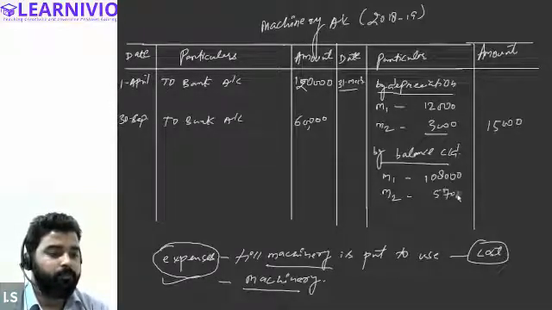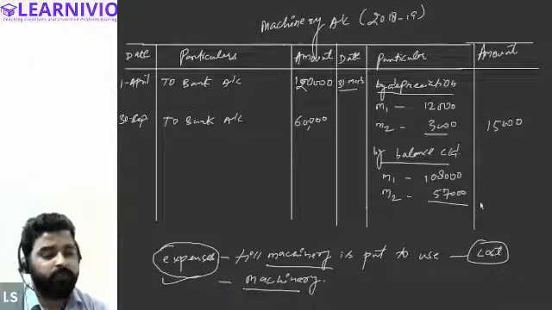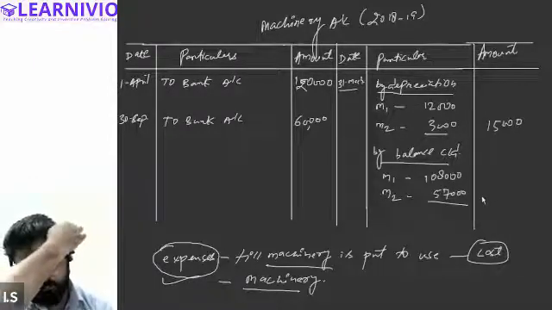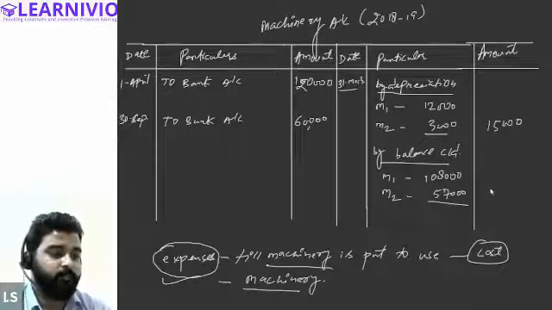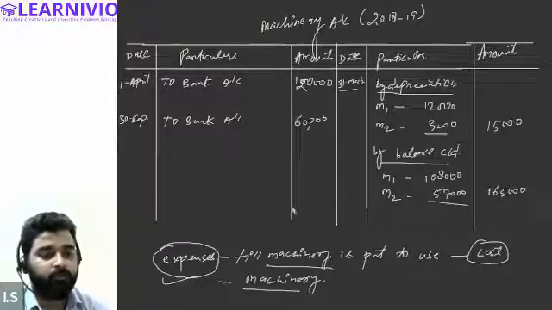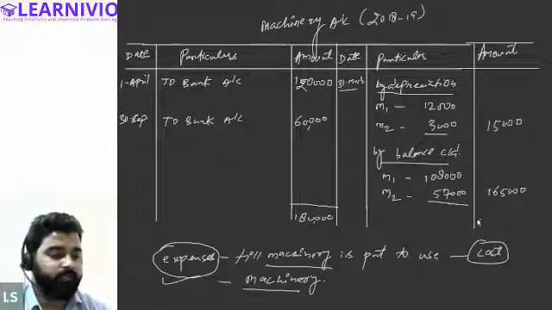Now tell me the total value of both the machines collectively. 1,65,000. Okay. Now you can total both the sides. The total will be 1,80,000 on the debit side and 1,80,000 on the credit side as well.